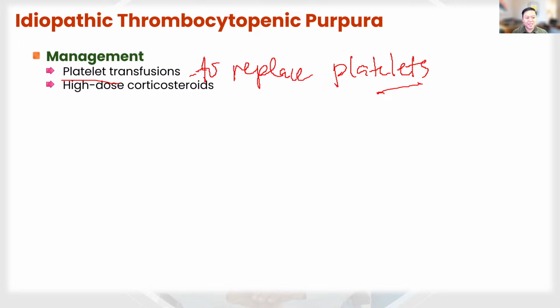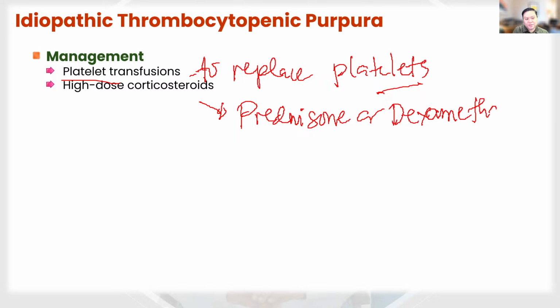Another treatment here is the administration of the high-dose corticosteroids. And what are these steroids? Well, we are going to expect the prednisone or the dexamethasone.